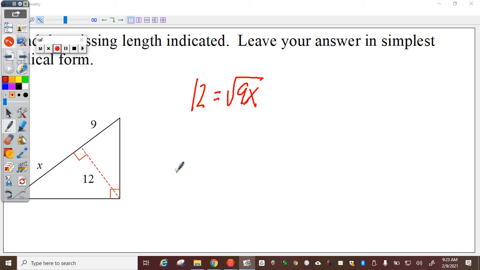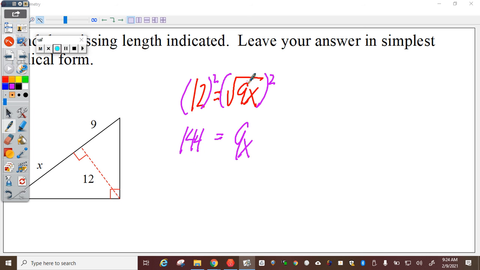Okay? So in order to solve for this, I'm going to square both sides, because this square cancels the square root. And so now on this side, we have 9x. Over here, we have 144.